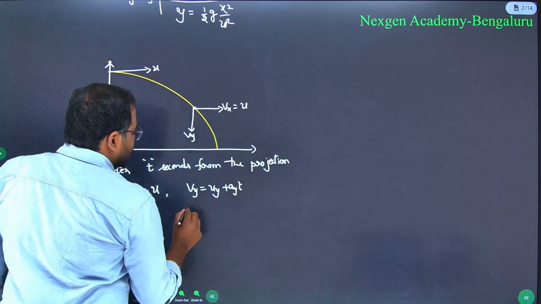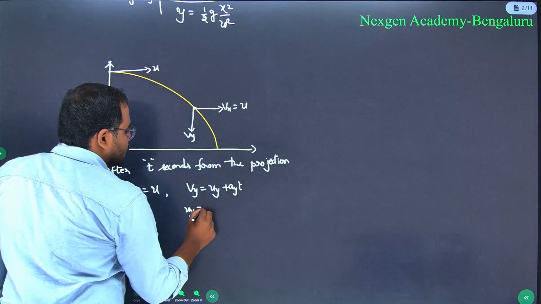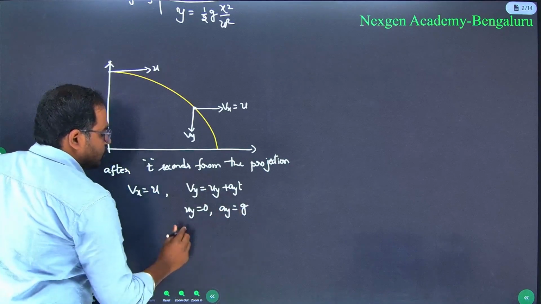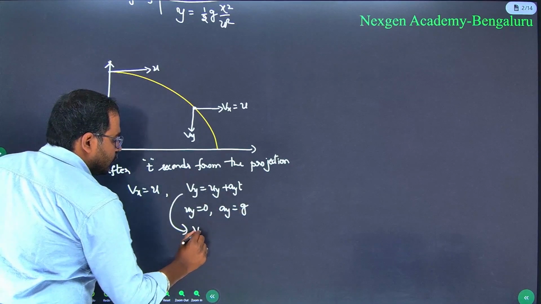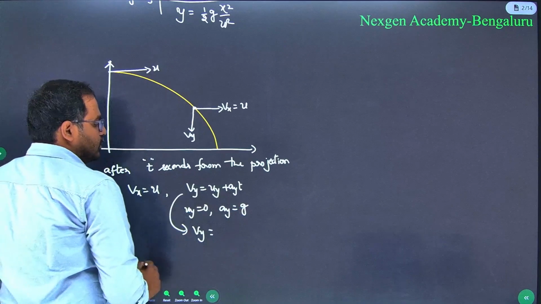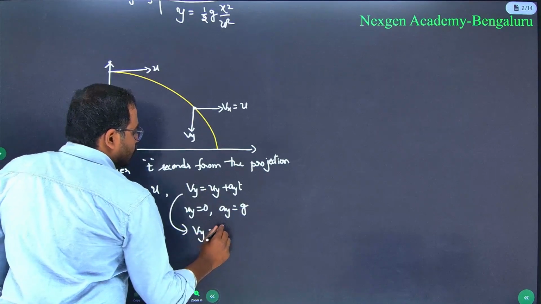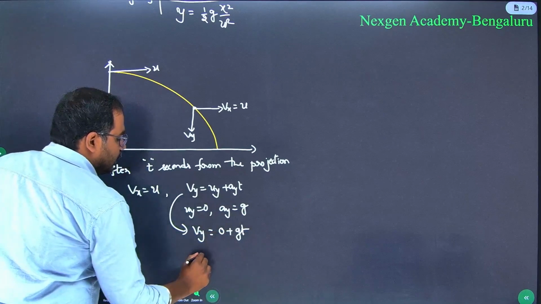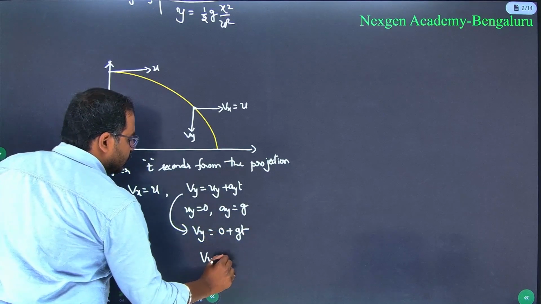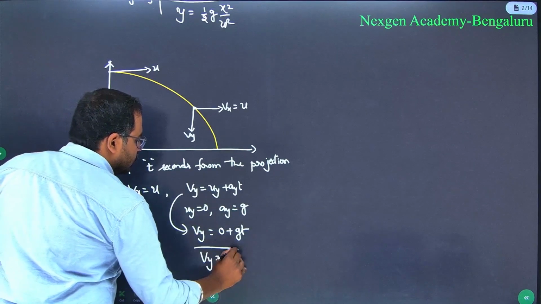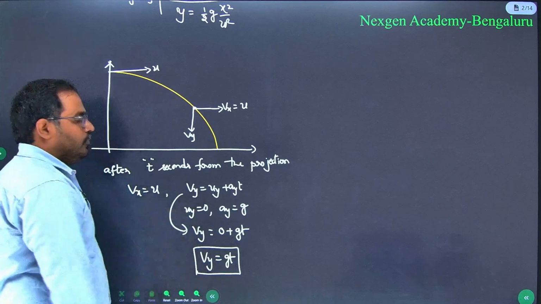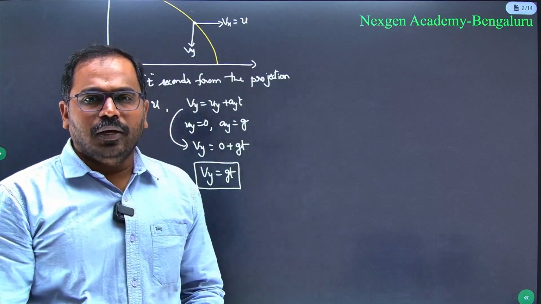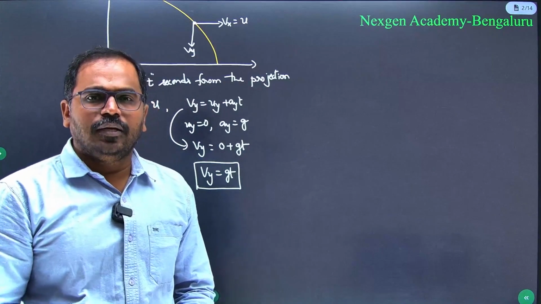So here Uy is equal to 0, Ay equal to g, and let me substitute those. From this, you can write Vy is equal to 0 plus g into t. Or you can write this finally Vy is equal to g into t. This is in terms of time. So velocity vertical component Vy is equal to gt in terms of time.